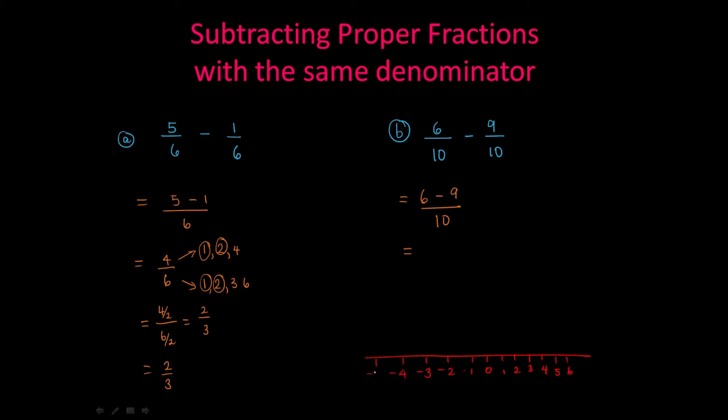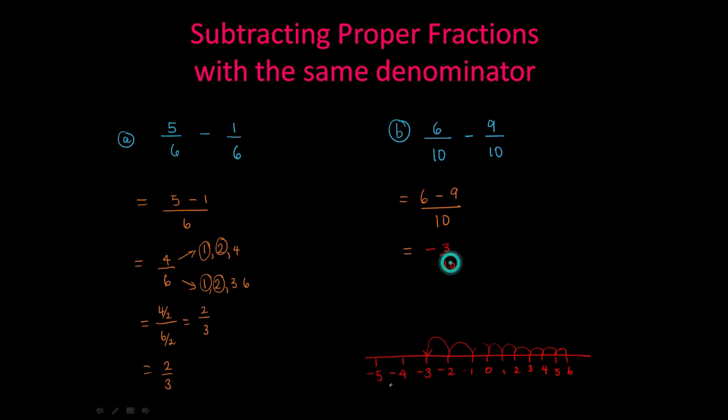So this is saying positive 6 minus 9 units. So if you're subtracting, you're moving to the left. So we say 6 minus 9, we go 1, 2, 3, 4, 5, 6, 7, 8, 9. So your answer will be negative 3 over 10.